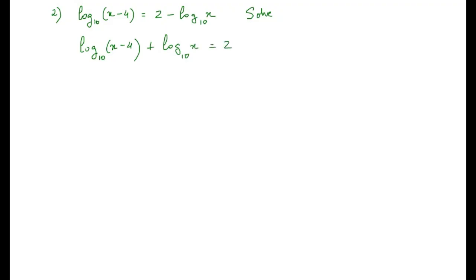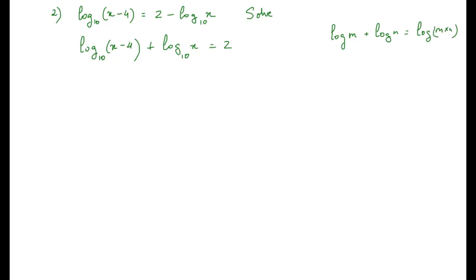And then we're going to combine the two logs using the multiplication rule. Multiplication rule goes like this. If you have two logs which are added and to the same base, you can write it as a single log m into n. So that's the rule we're going to use here.